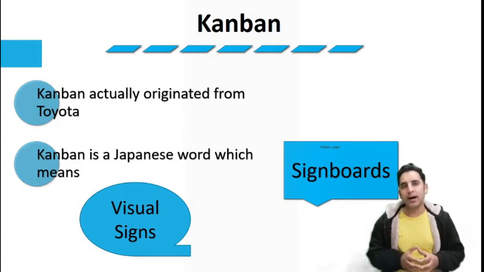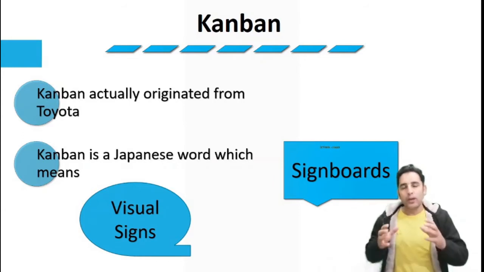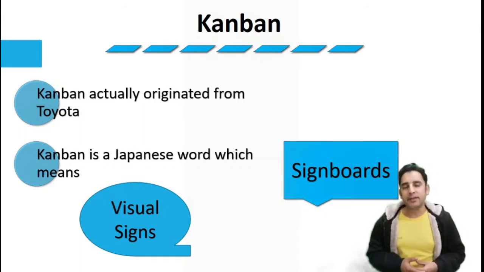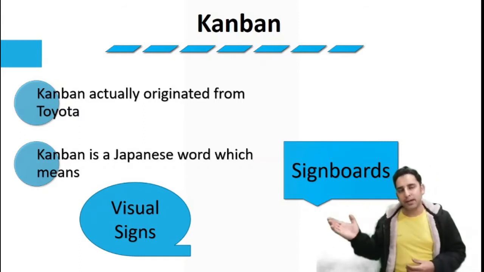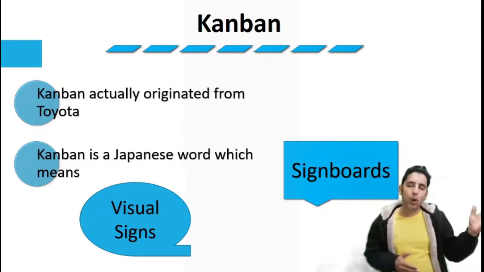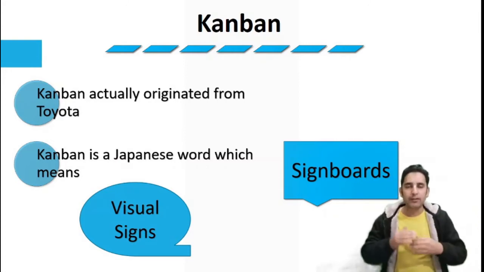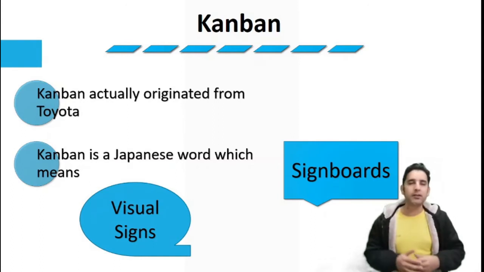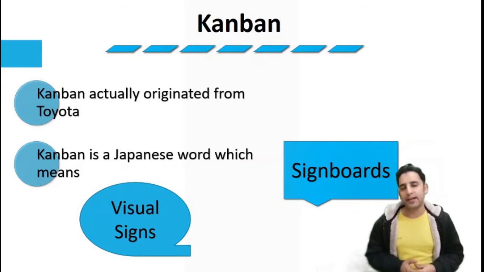So Kanban is one of the methodologies used within the Agile framework. This is how Kanban is different from Agile. Agile is an umbrella term; Kanban is one of the methodologies that falls under the umbrella of Agile. So it is important to understand the pivotal difference between Agile and Kanban.